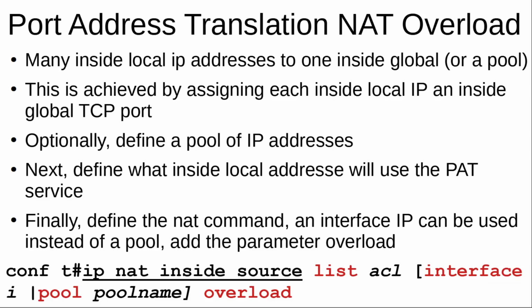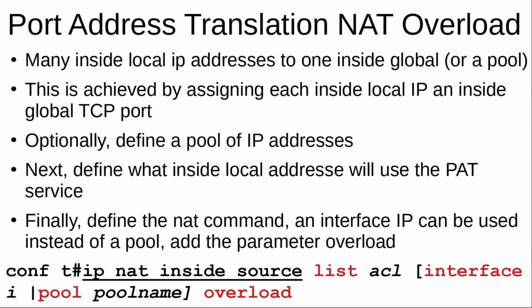So in theory, knowing that there are about 65,000 TCP ports per IP address, you could say that one IP address could provide NATing to 65,000 inside local IP addresses.